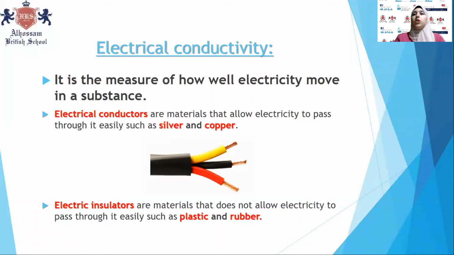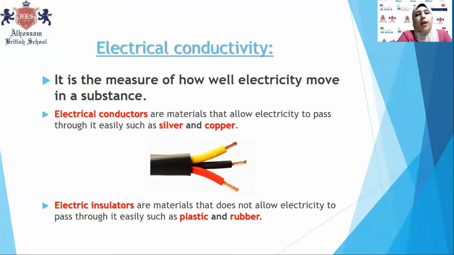There are two types of materials: either it allows the passing of electricity or not. If it allows the passing of the electricity, it's called an electric conductor, just like the thermal conductor. It allows the passing, while the electric insulator does not allow the electricity to pass through it.